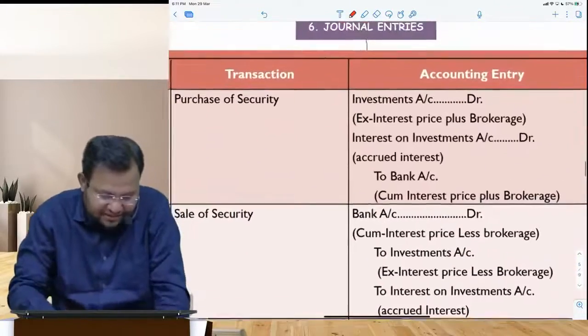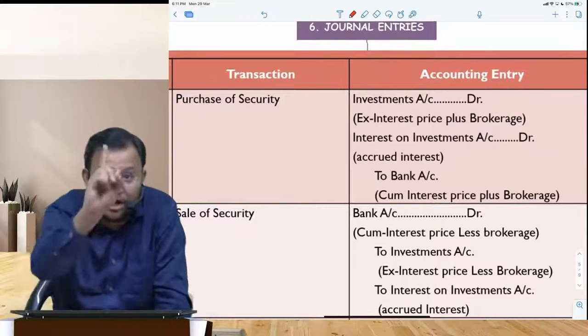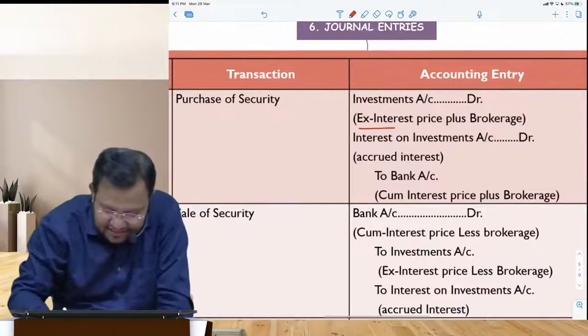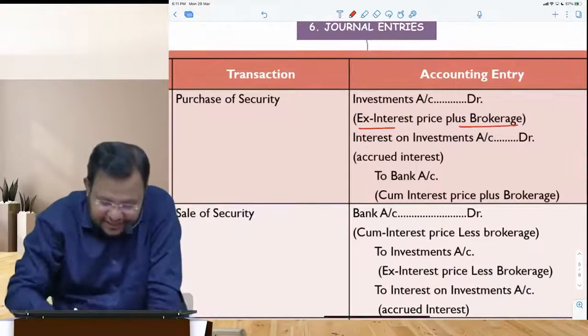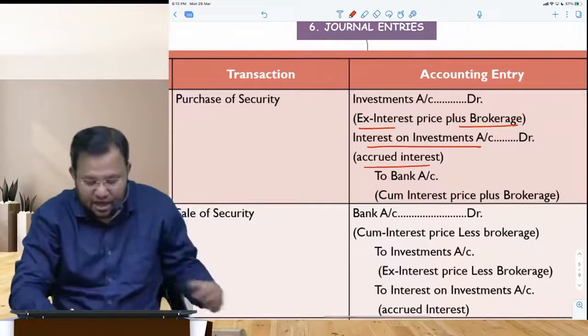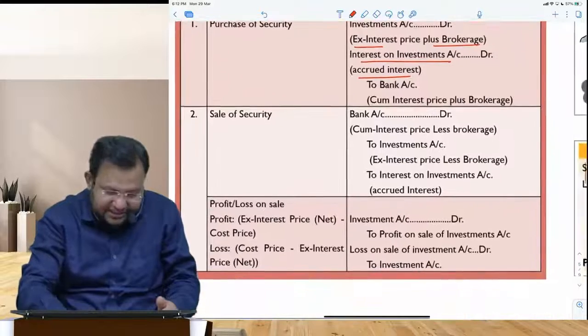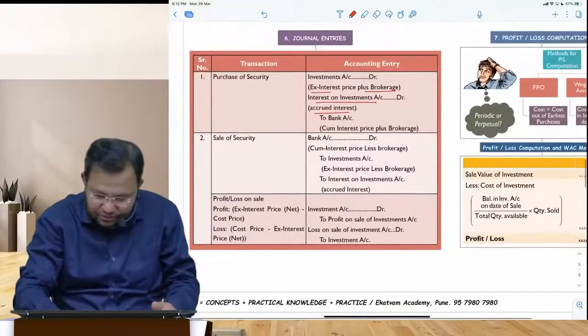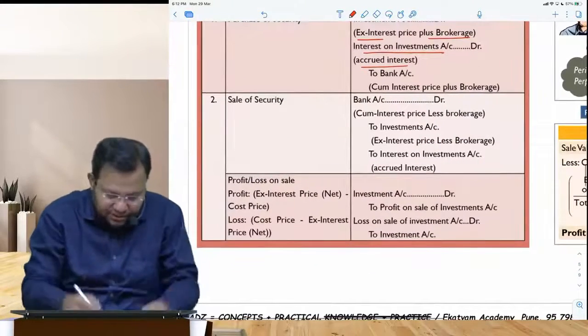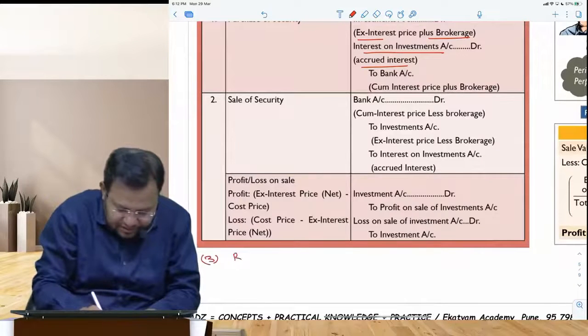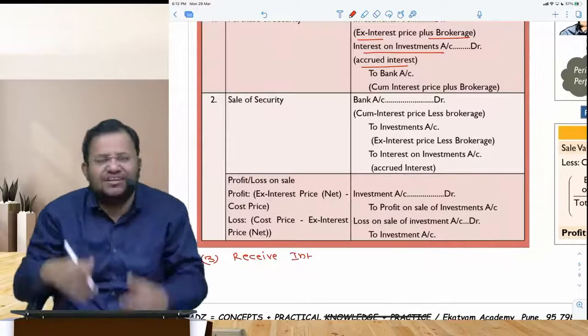When you purchase an investment, investment account debit, always ex-interest plus brokerage. Interest on investment account debit, accrued interest, to bank account. Whenever you receive the interest, we don't ask which period this interest is for.